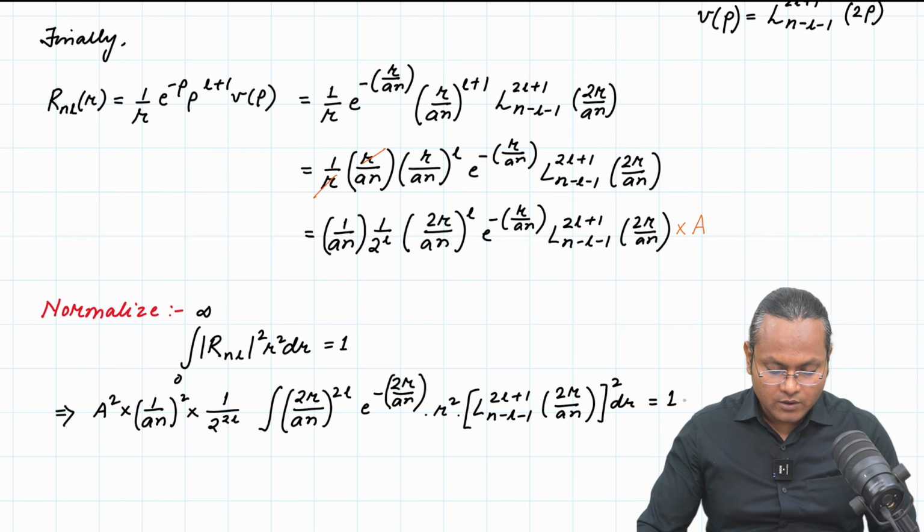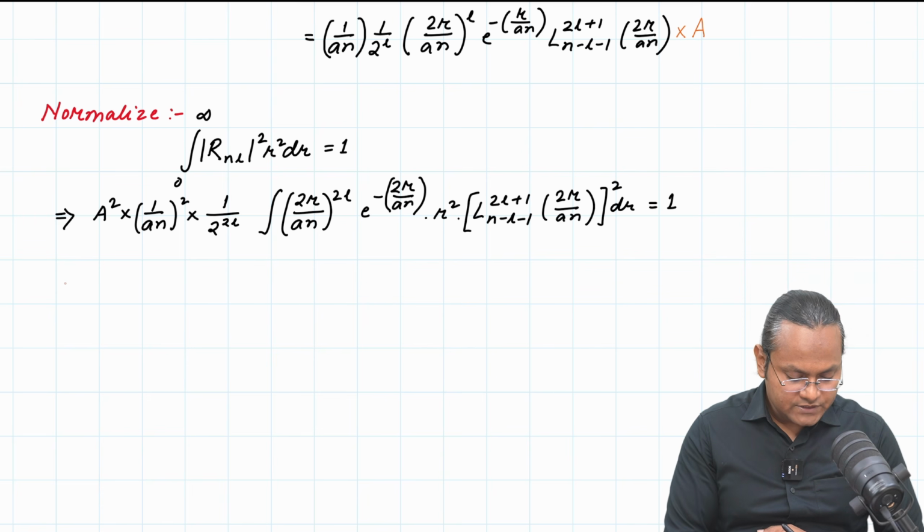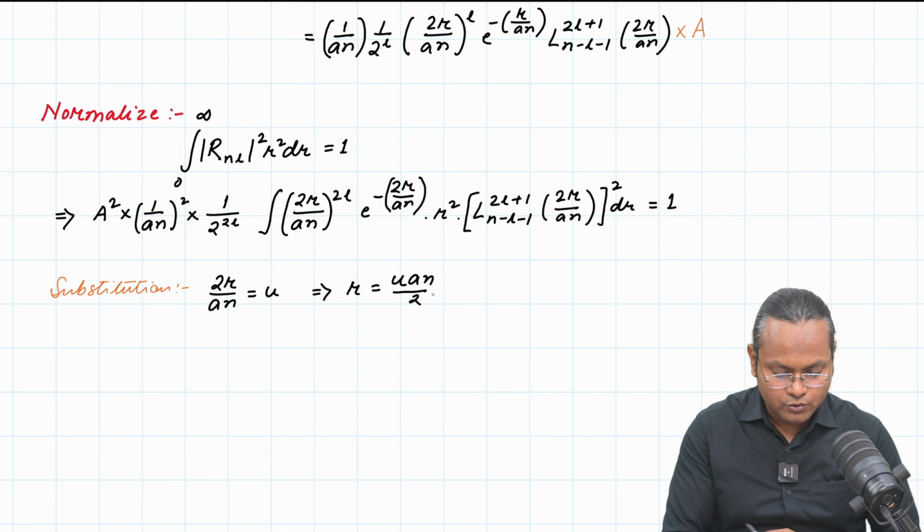Here we can do a couple of substitutions to simplify this. The substitution I'm going to do is 2r upon an equals u. Therefore, r equals u an upon 2, and dr equals an upon 2 du.